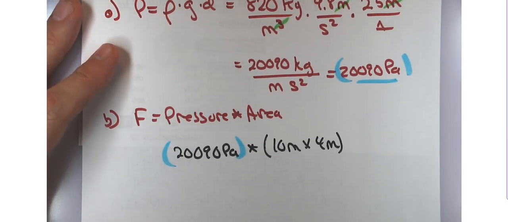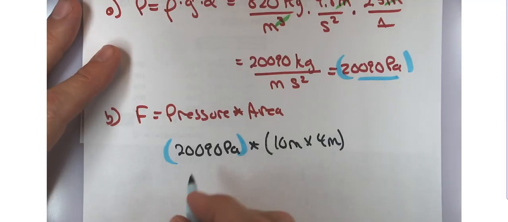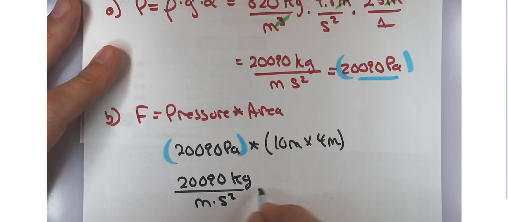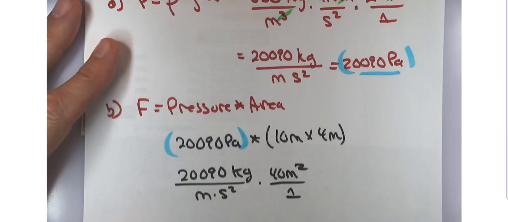Let's break this down a little bit. That's going to be 20,090, and I'm going to go back to kilograms per meter per second squared times 40 meters squared over 1.